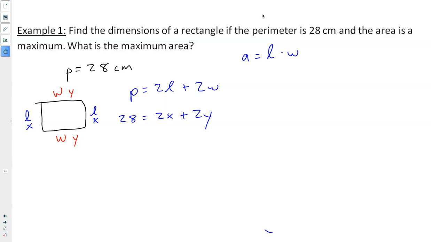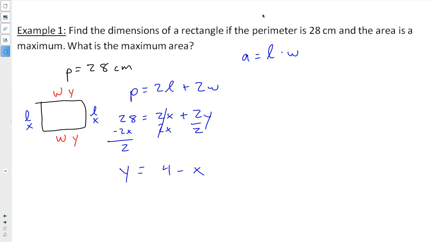So we will subtract 2x from both sides and divide by 2. Then we get y is equal to 28 divided by 2 is 14, and negative 2x divided by 2 is negative x. Okay, so now we have written this so x is our only variable.